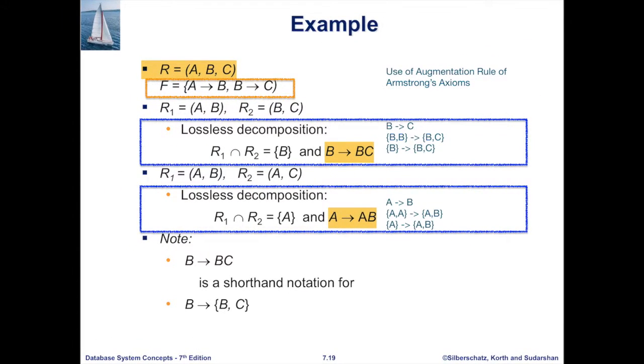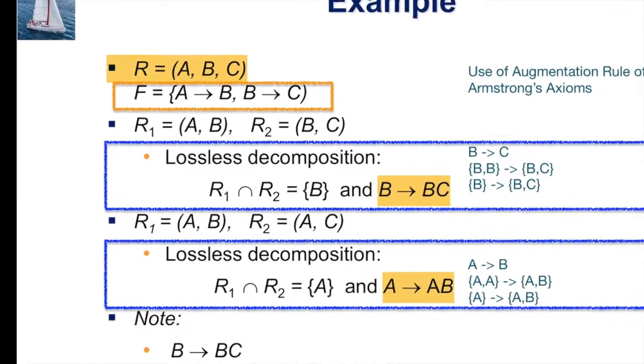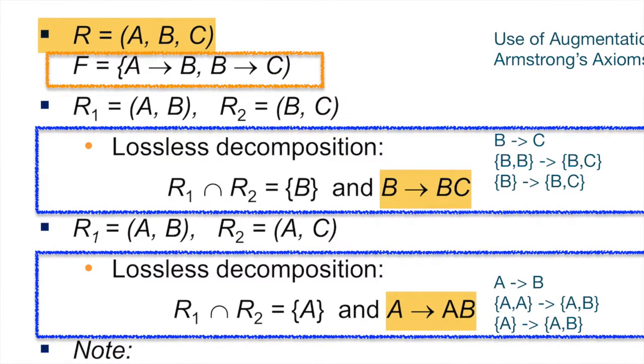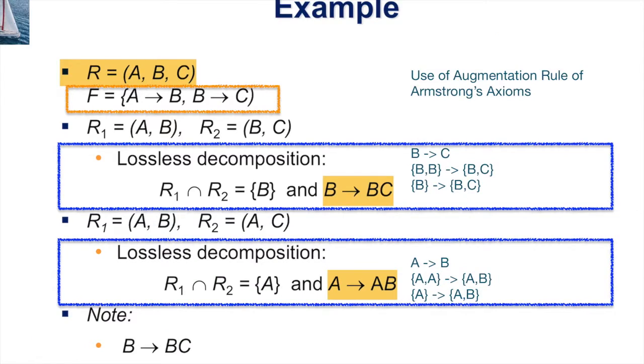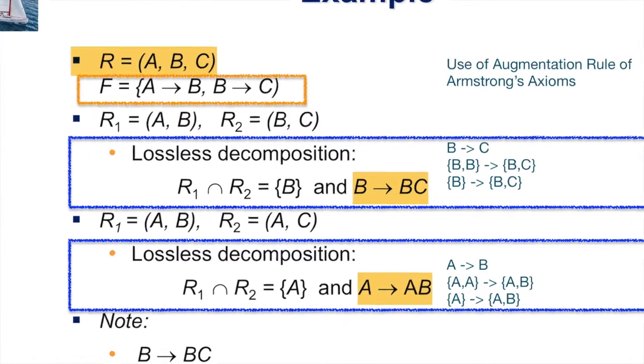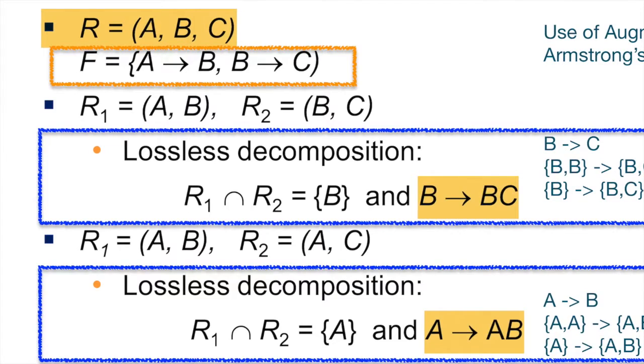So mas madali natin mag-gets if we have an example. So suppose we have a relation with attributes A, B, and C. And then there is a set of functional dependencies A to B and B to C. And the closure of F is technically all the functional dependencies that are logically implied from the original set F. Okay, so for example daw, if we have R1 and R2 with decomposition AB and BC, let's compute for the common attribute.